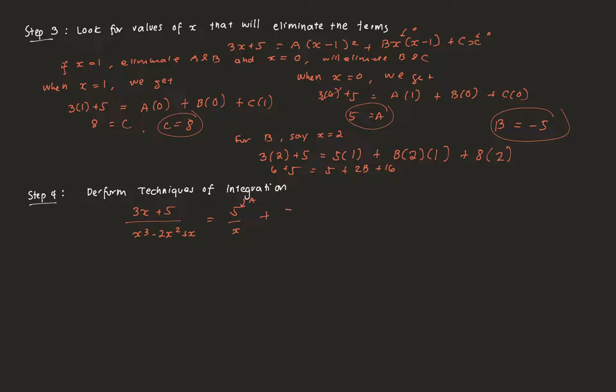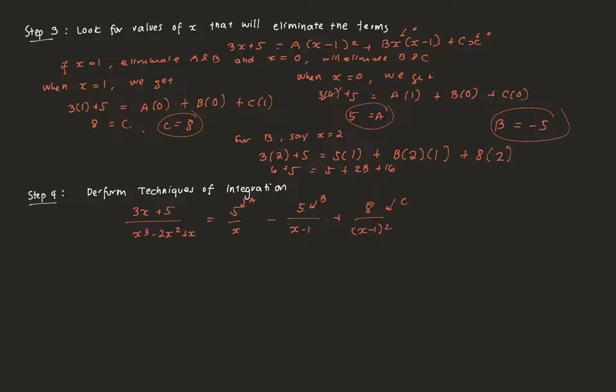So b is negative 5, so we can just change this operation to minus. So this is minus 5 over x minus 1. So this is b. Then we have c, which is 8, so that's plus 8 over x minus 1 squared. So this is c. Then we can perform now the regular integration that we want.